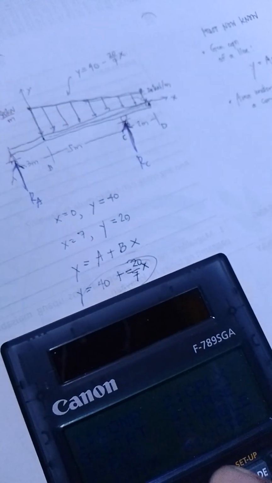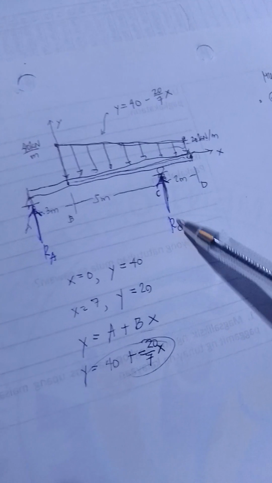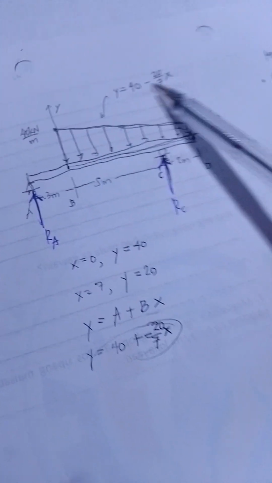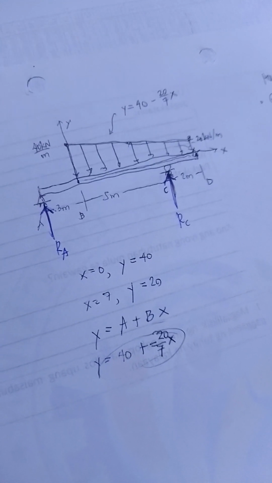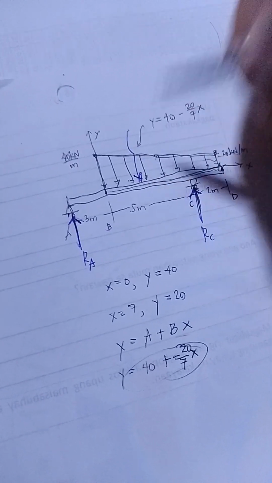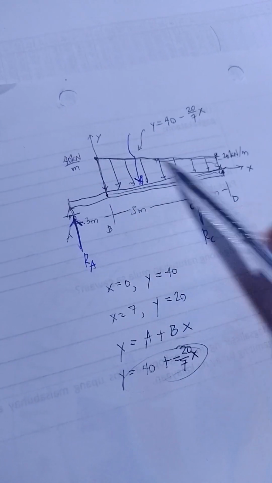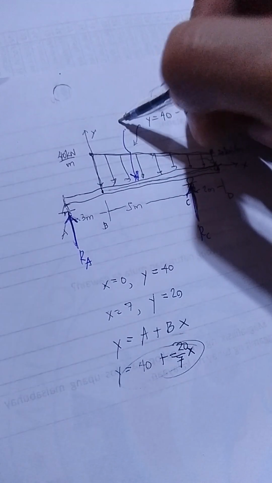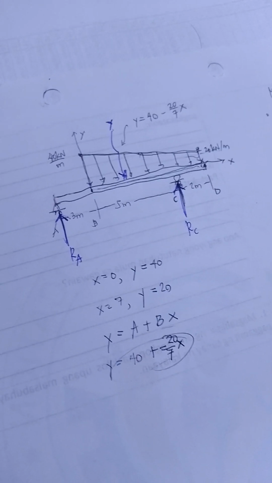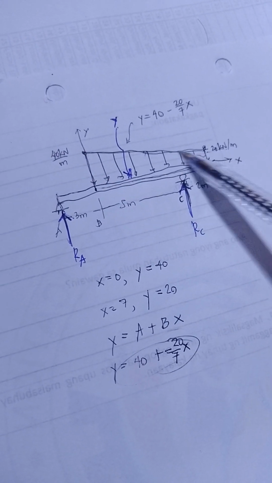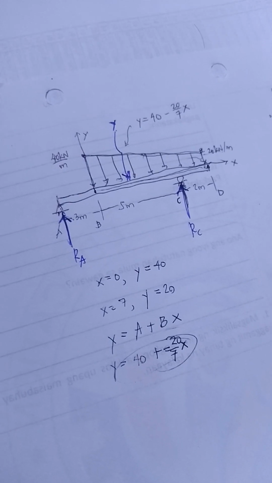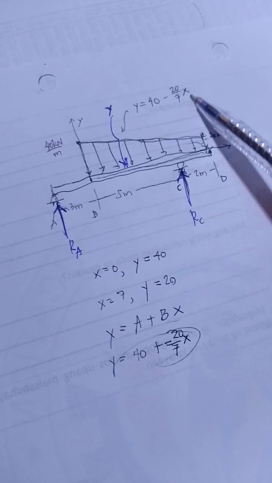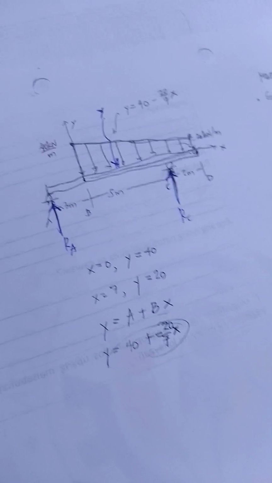Now, how do we find the reaction at C via this function and integration? First, we need to define the overall magnitude of this loading. What's this value? It's just the area of this overall trapezoidal shape. So how do we find the area under a curve given the function y equals 40 minus 20 over 7x?